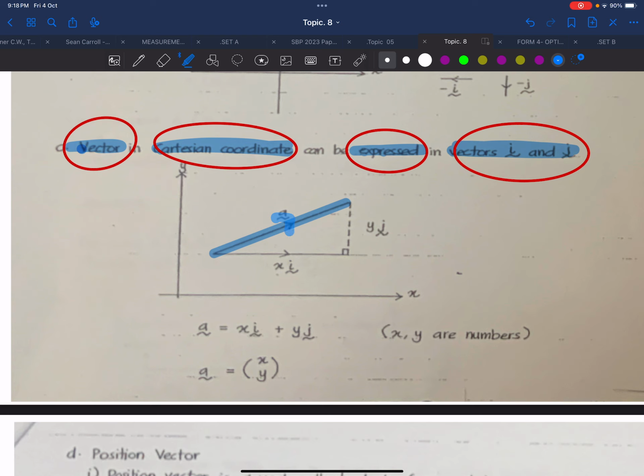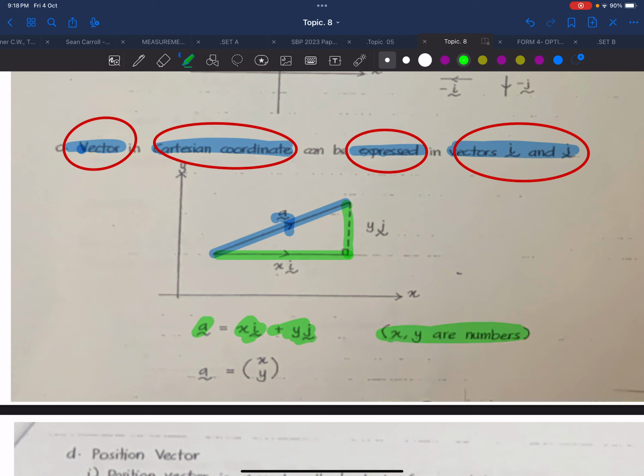This vector A is actually xi plus yj. We already know what is i and j. i, unit vector parallel to x, j, unit vector parallel to y, and the x and y are numbers, any numbers.